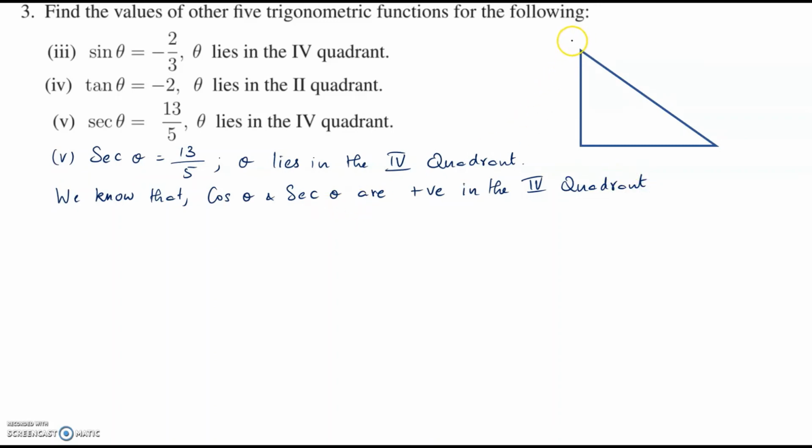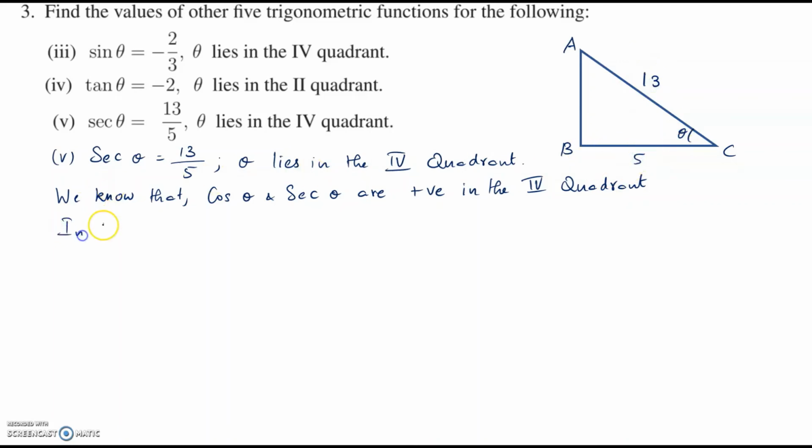Let's define this triangle as triangle A, B and C, and this angle as theta. So secant theta is the reciprocal of cos theta, so secant theta would be hypotenuse by adjacent side. So our hypotenuse is 13 and our adjacent side would be 5.